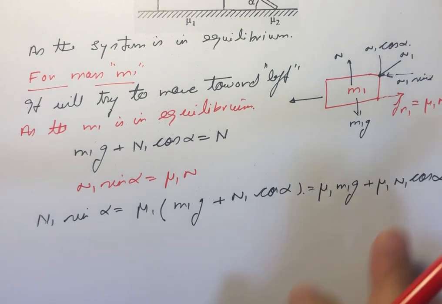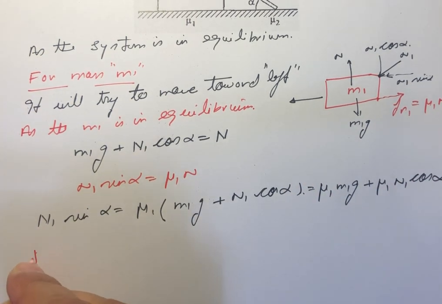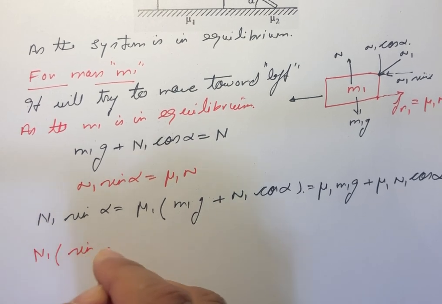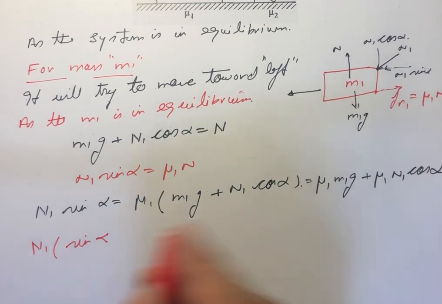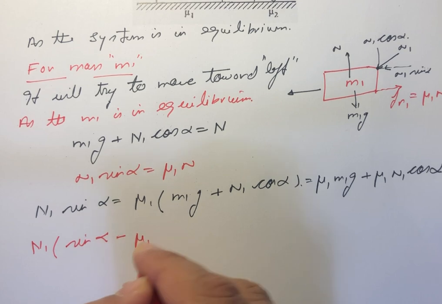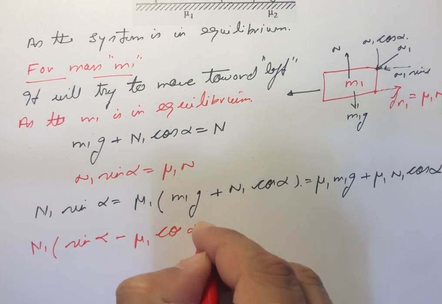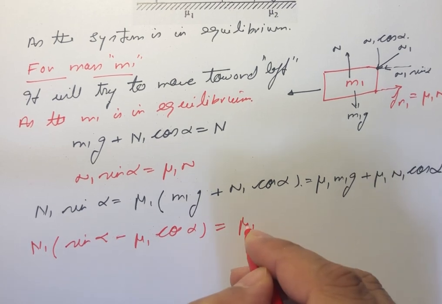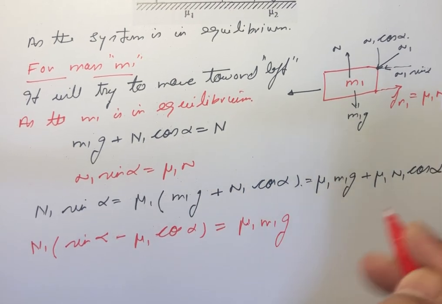This can be further written by taking n1 common towards the left side, we get n1 into sin alpha minus mu1 cos alpha is equal to mu1 m1g.